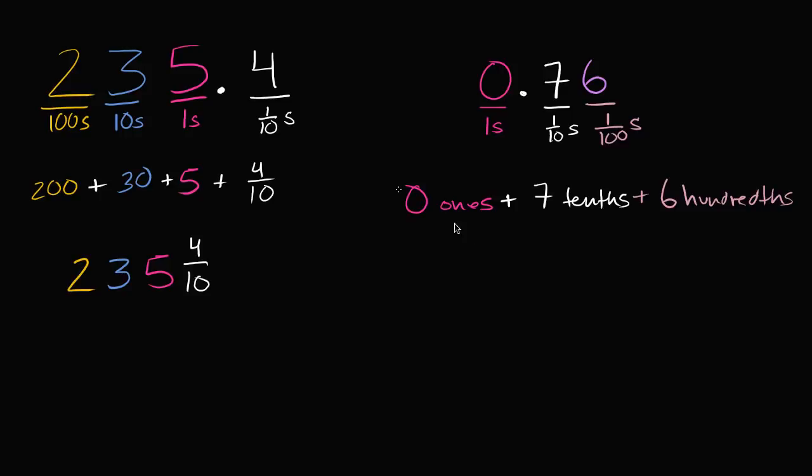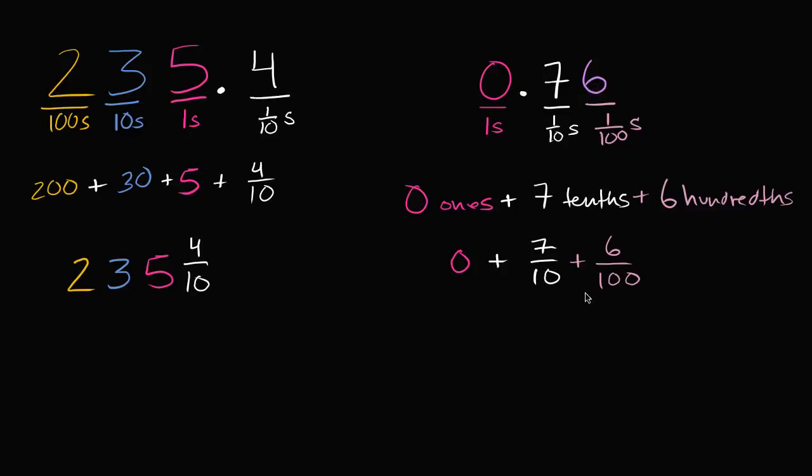Or we could write this as 0 plus 7 tenths plus 6 hundredths, 6 over 100. So 7 tenths plus 6 hundredths is exactly what this is. You could say this is 0 ones, 7 tenths, and 6 hundredths.